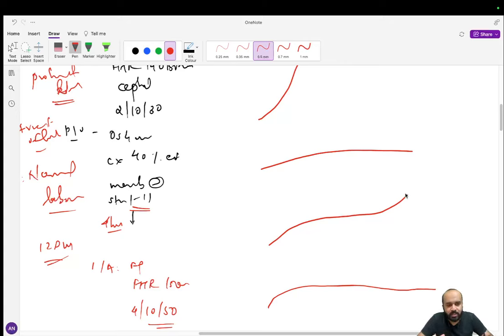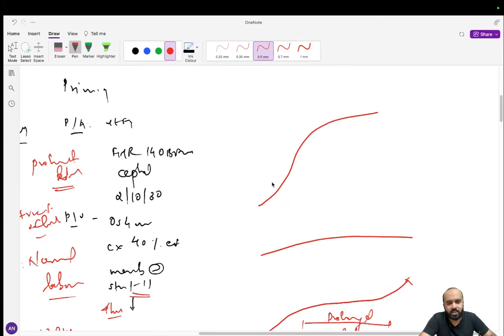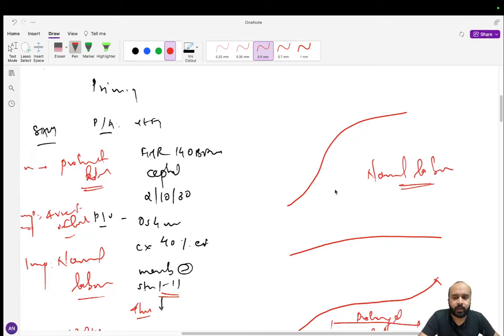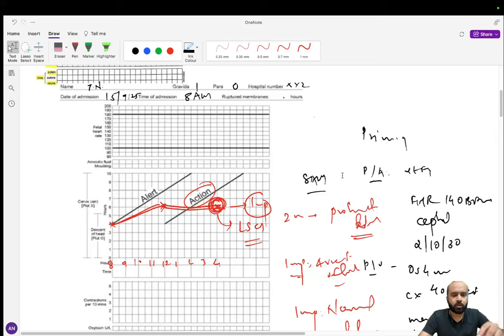But if this reaches 10 centimeters, then just this part was prolonged labor, whereas this was arrest of labor. So that is how your various charts look. Whereas this S-shaped curve, if it is looking like this, then you have to call it normal labor. And that is how you will be charting a graph.